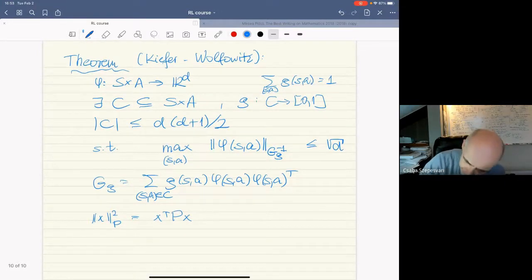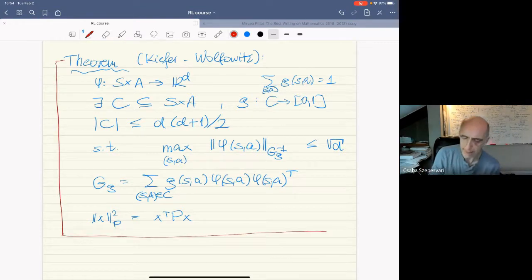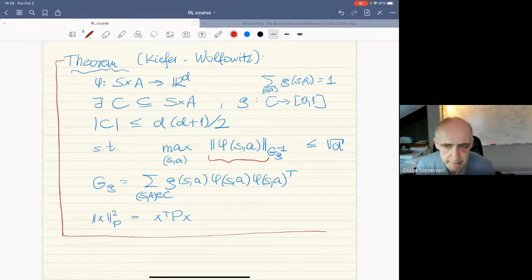And so why am I bringing this up? We won't have time to really connect everything up today. But the reason I'm bringing this up is because if you solve a least squares problem, you might have seen this in statistics classes.